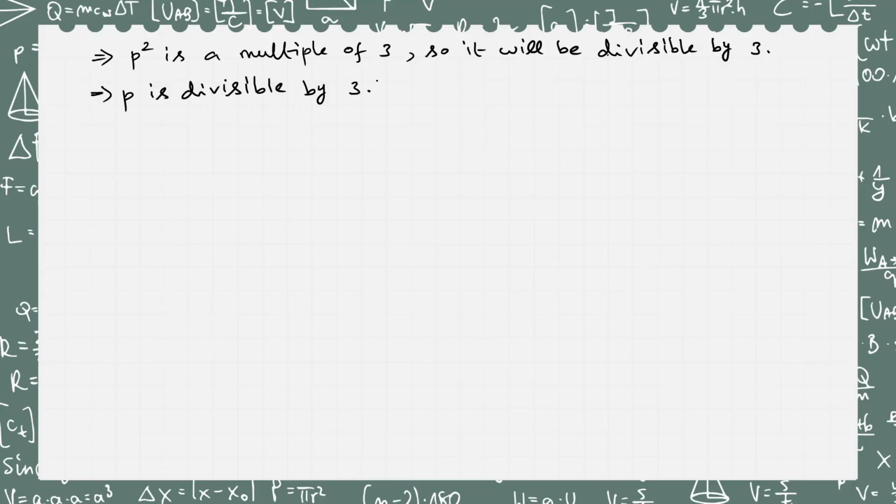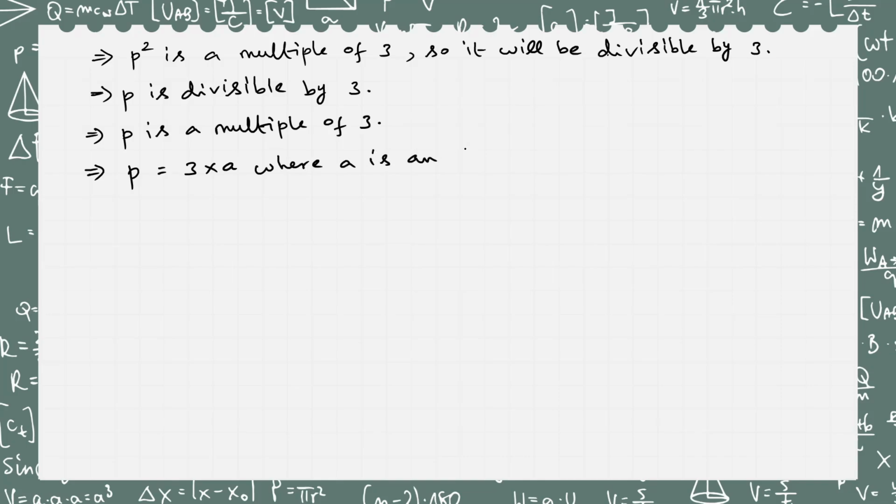We say that a number is divisible by 3 when it is a multiple of 3. So that implies p is a multiple of 3. Any multiple of 3 can be written as 3 into some number. So p can be written as 3 times a, where a is some integer.